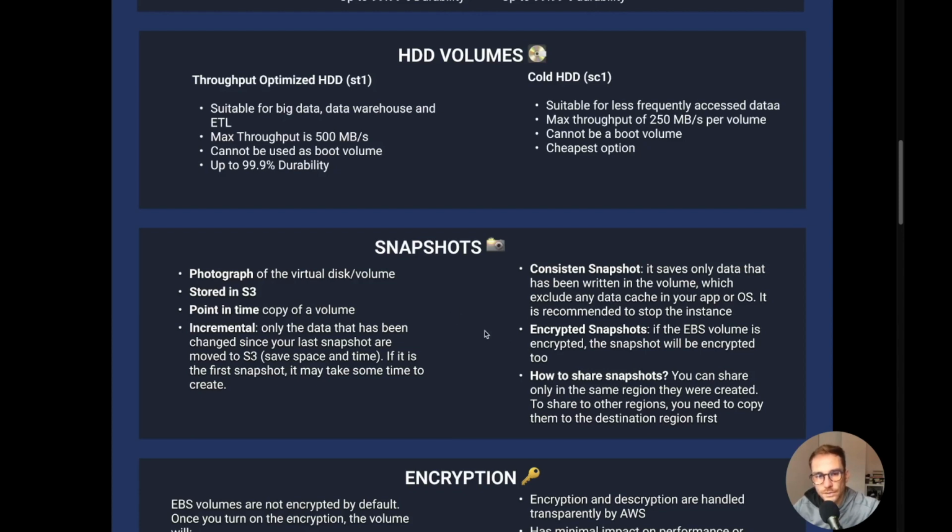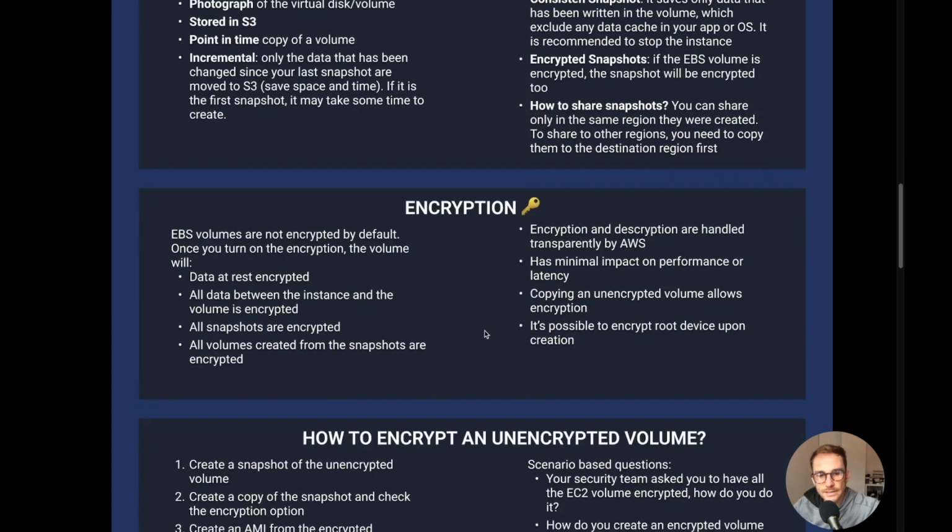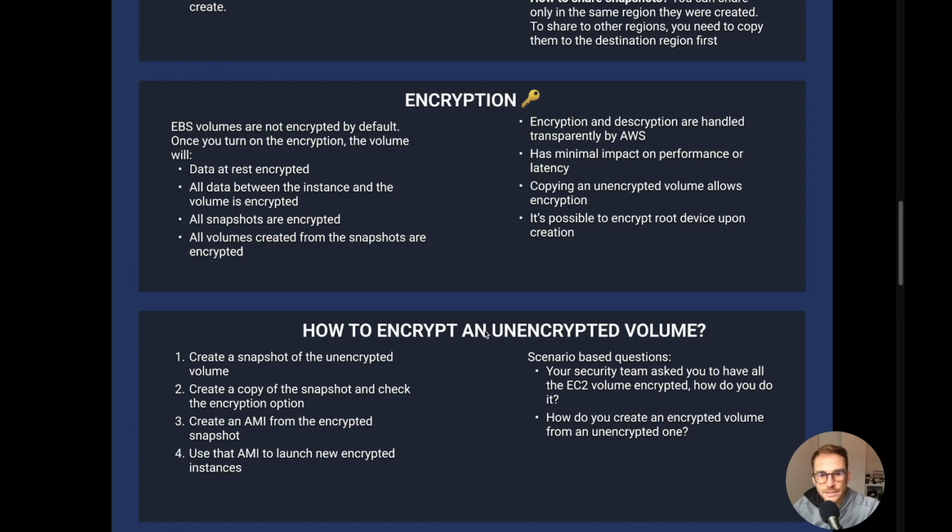Alright, so that was all for the snapshots. And let's see actually how the encryption works for EBS volumes. As we said, EBS volumes are not encrypted by default. Once you turn on the encryption, the volume basically will have the data at rest encrypted. All the data between the instance and the volume is encrypted.